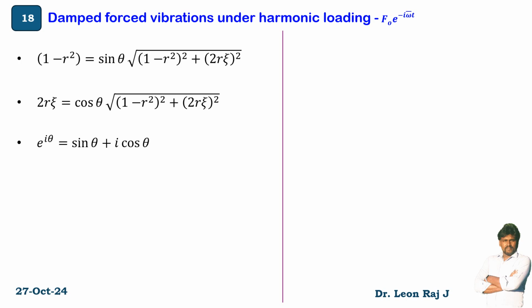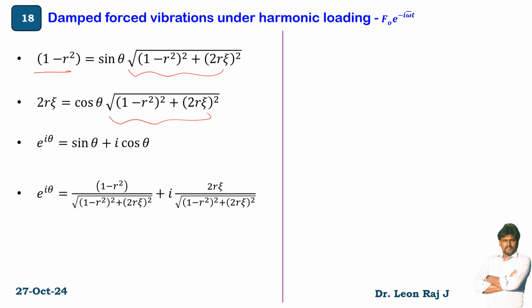So your 1 minus r square equals sin theta in the hypotenuse, and 2r xi is equal to cos theta in the hypotenuse, e power i theta equal to cos theta plus i sin theta. So your sin theta and cos theta terms should be replaced with the existing terms. From this you can find the sin theta and cos theta.